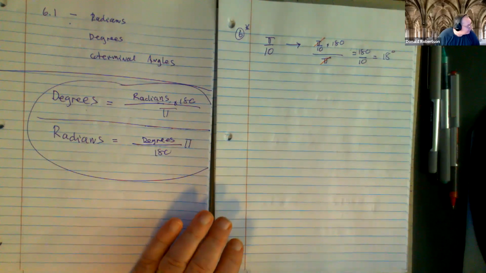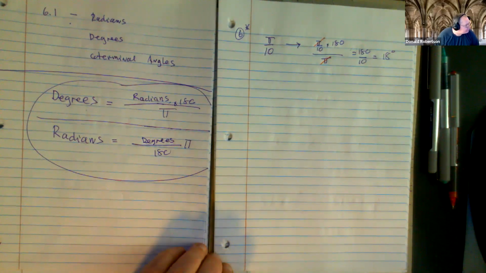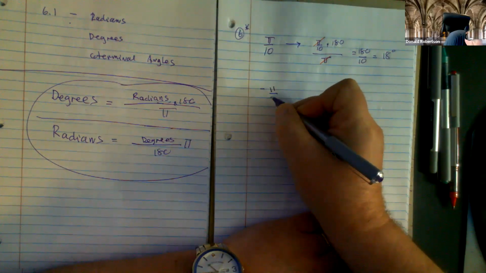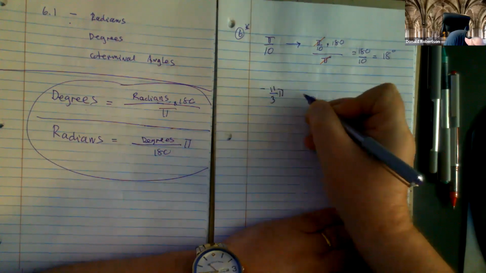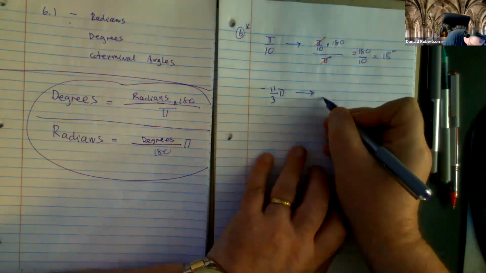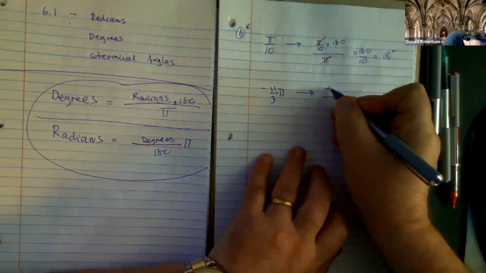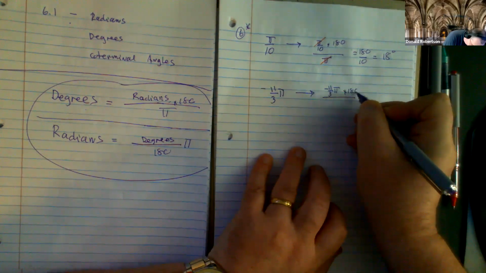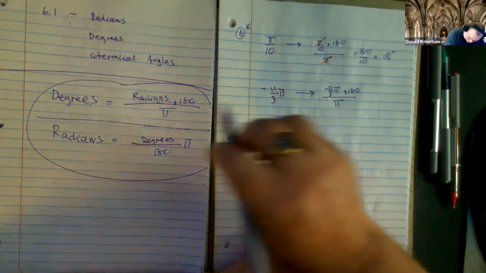Suppose they give us negative 11 thirds pi. Well, it'd be negative 11 thirds pi times 180 divided by pi.